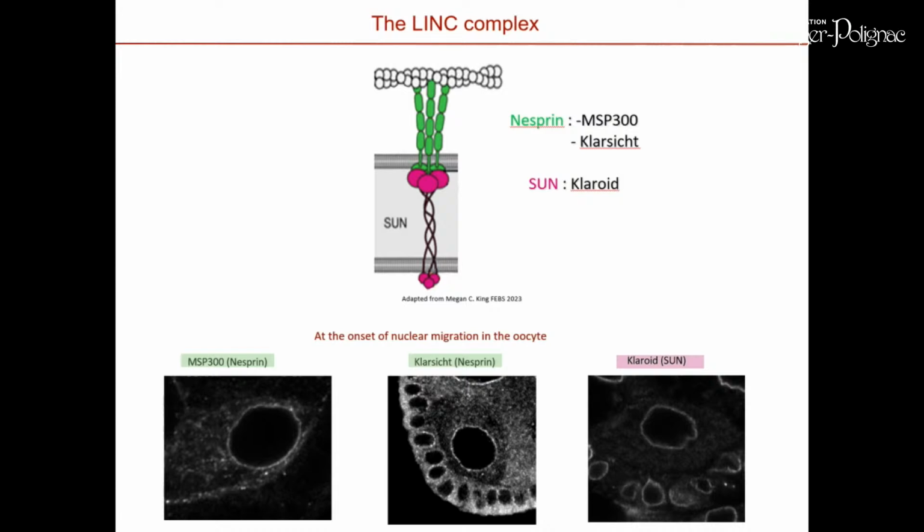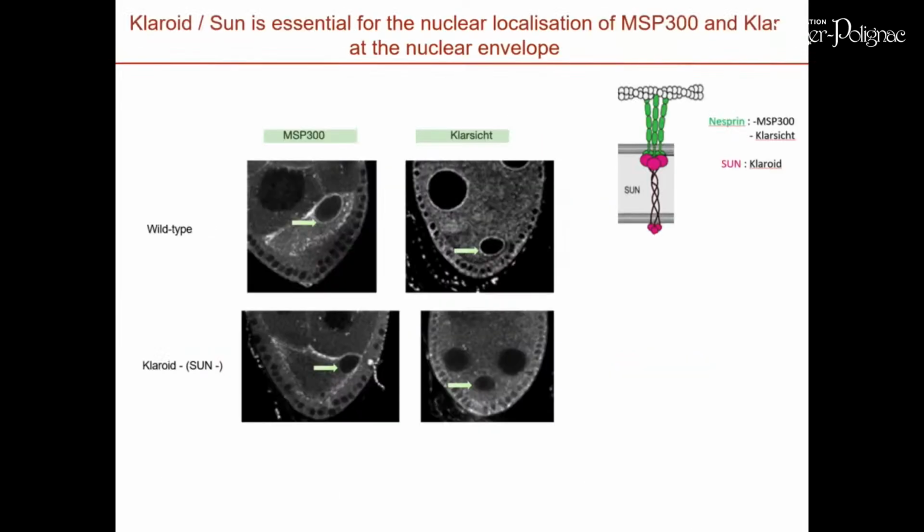Importantly, at the onset of the migration and the anchorage of the nucleus, all those elements are evenly distributed at the level of the nuclear envelope. Upon inactivation of the Sun protein Klaroid, both nesprins, Klarsicht and MSP300, are no longer located at the nuclear envelope.